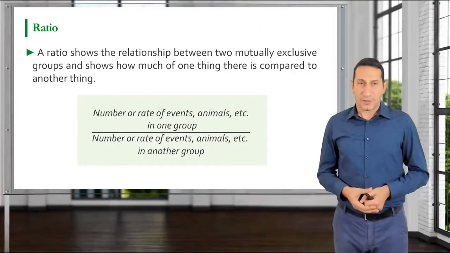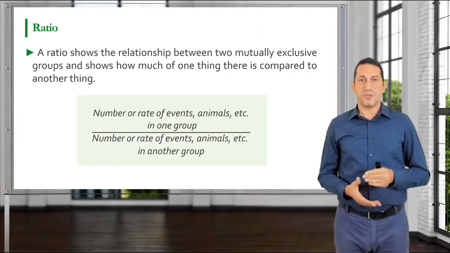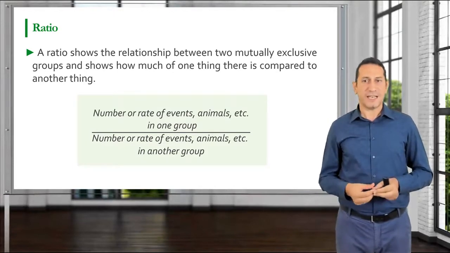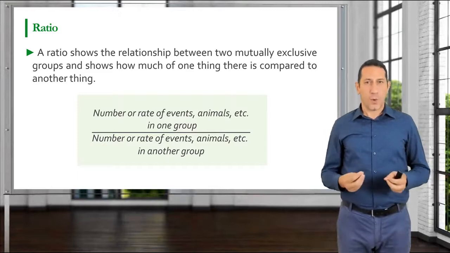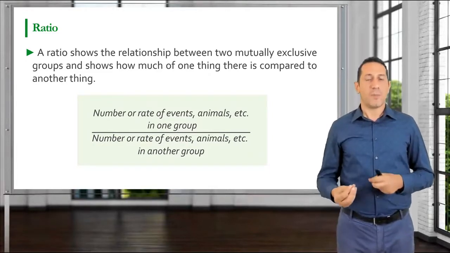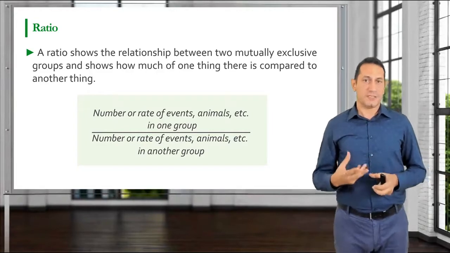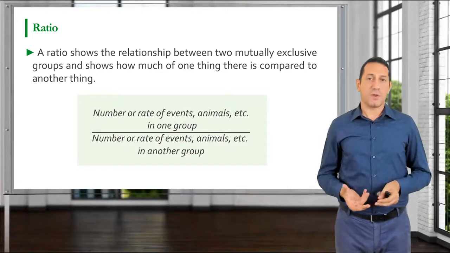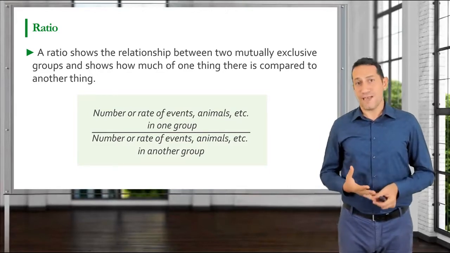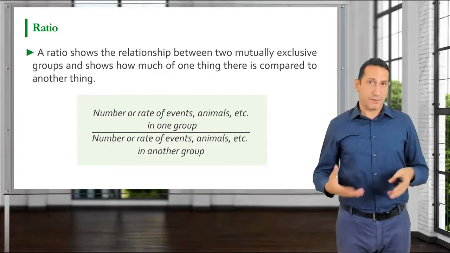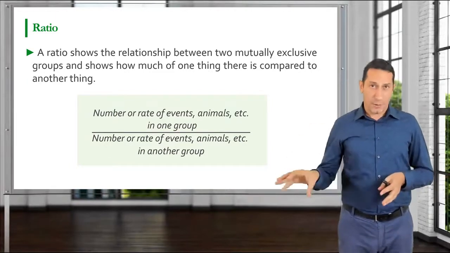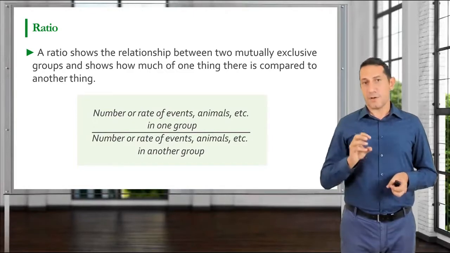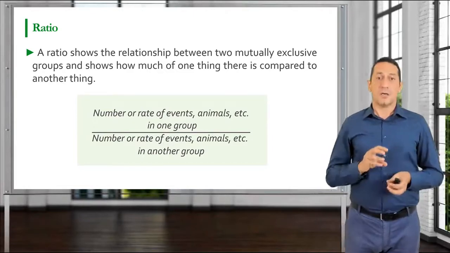So a ratio shows a relationship between two mutually exclusive groups, and it's calculated as a relative magnitude of two quantities, or a comparison between the two values. So the calculation is a number or a rate of a disease or events or animals or whatever thing countable in one group above a number or a rate or an animal in another group.